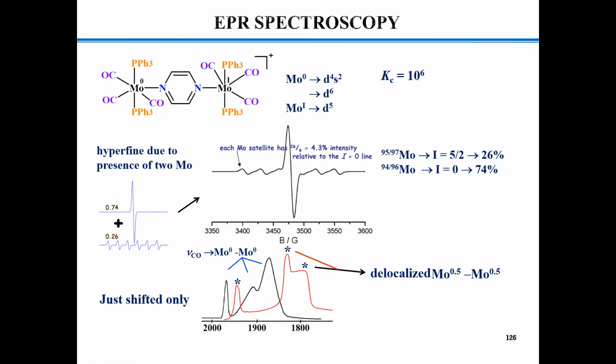So in this situation, if it is a localized situation, then you should expect 3 for this one, 3 for this one, 6 bands. But what we could see, only 3 absorption, like the starting one. Okay, that tells us, because again the shuttling is very fast, so you cannot distinguish between this center and this center, and as a result you get the 3 IR absorbing bands like the isovalent moly 0 situation.